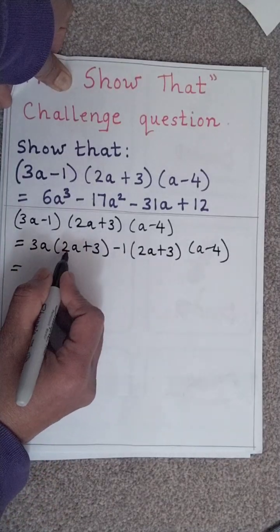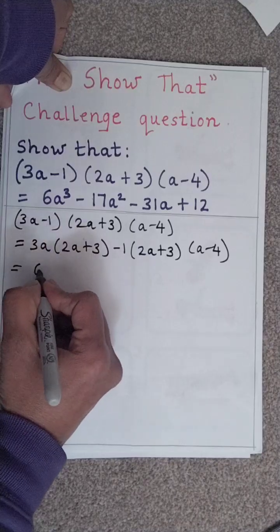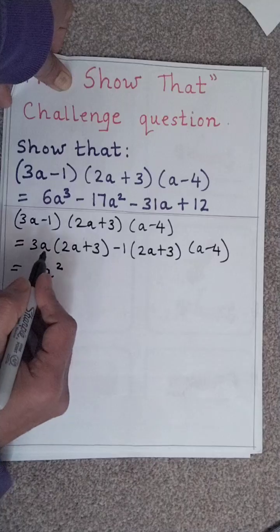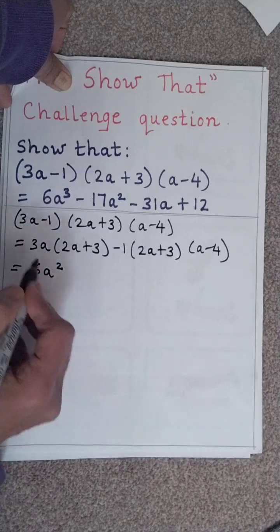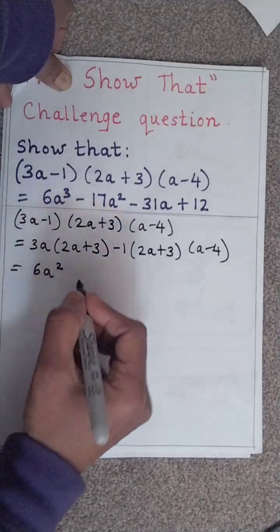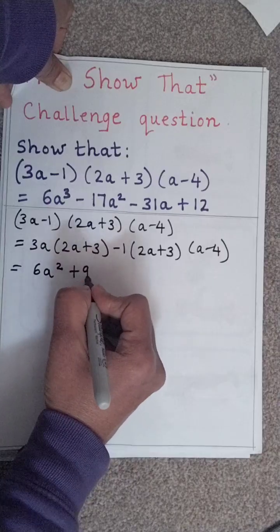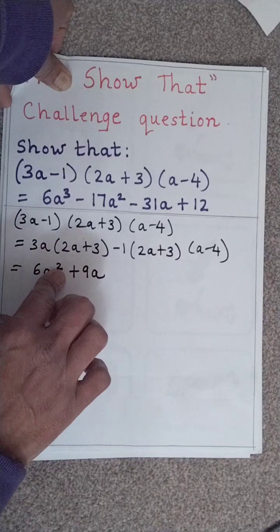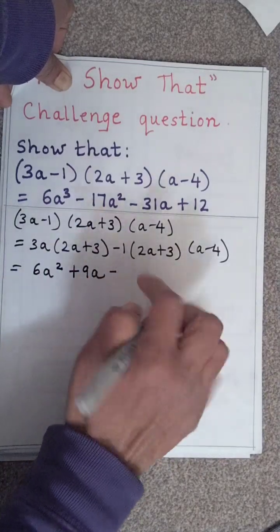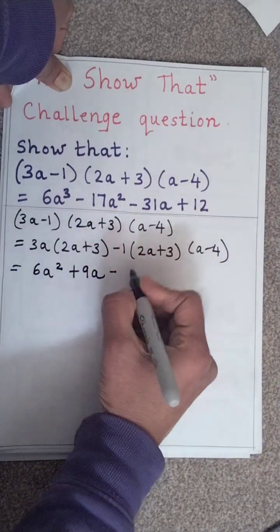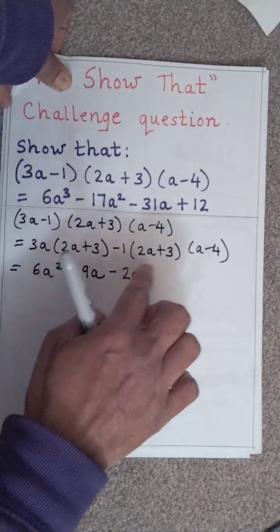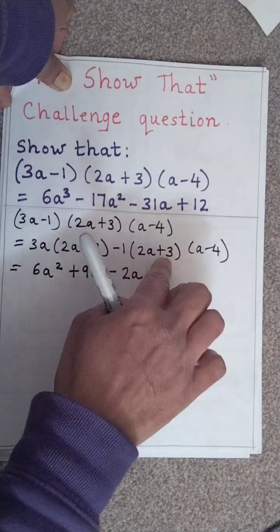Is equal to, now open the bracket. So 3a times 2a is 6a square, 3 times 2 is 6, a times a is a square. 3a times 3 is 9a. Minus 1 times 2a is minus 2a, and minus 1 times 3 is minus 3.